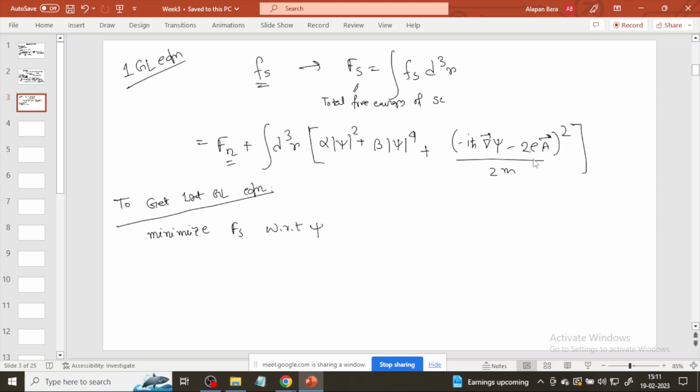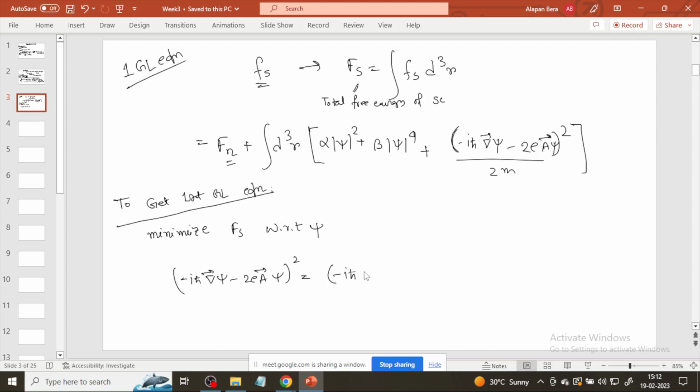Now we can expand this term. So let us simplify this equation first. There will be a psi term also here, because the whole thing is operating on psi. So minus iħ delta minus 2e A, operating on psi.